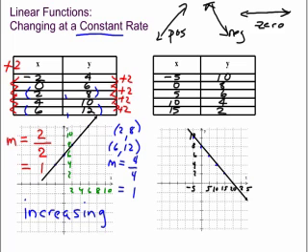And in this case, our slope is negative, and we're going downhill from left to right. What is our slope? Well, let's look at our change. You will notice that the y's are dropping by 2, but the x's are increasing by 5.